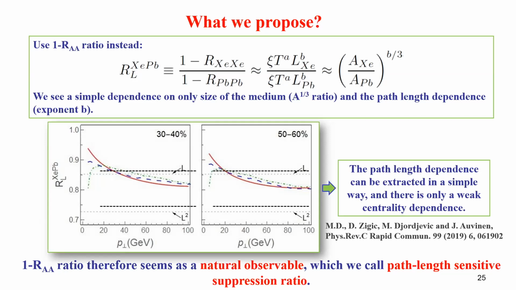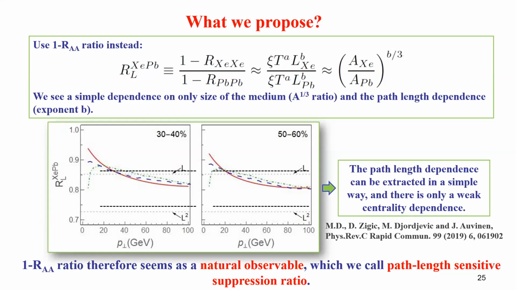So my honest opinion is that 1 minus RAA has equal advantages as RAA. For experimentalists, to show both RAA and 1 minus RAA is the same thing. Once you calculate one, you can simply calculate the other one. Really, it is not a hassle at all.